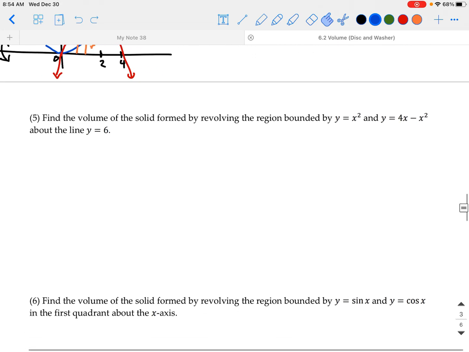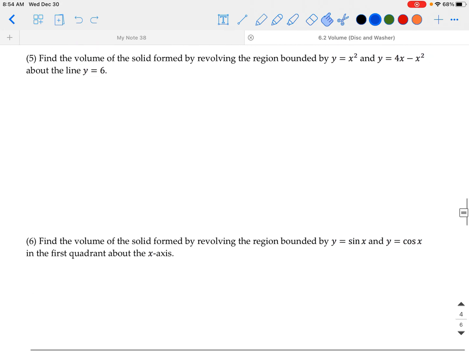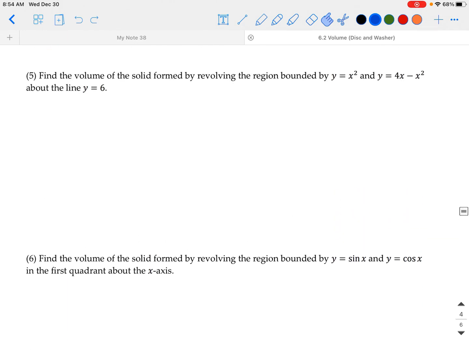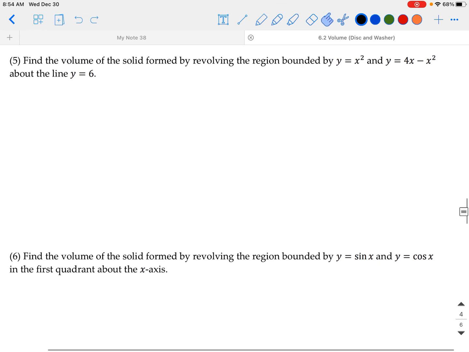All right, so we've got a couple more examples here, 5, 6, and 7. So let's go ahead and get started. So we'll just note for number 5, let's focus on what our curves are, which is the same curve. But now we're going to change what we're rotating about.